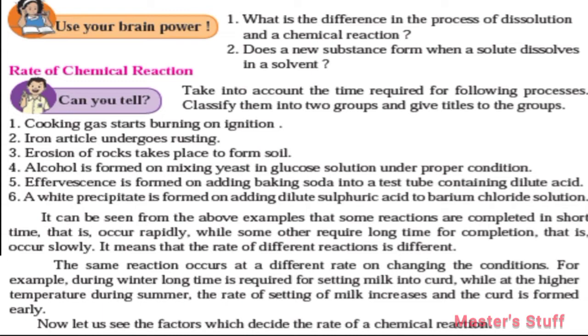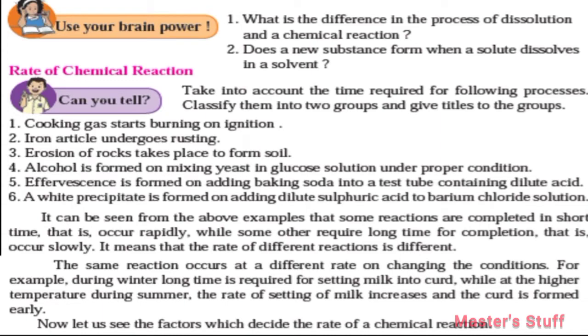First, cooking gas starts burning on ignition. Rapid process. Second, iron article undergoes rusting. Slow process. Third, erosion of rocks takes place to form soil.